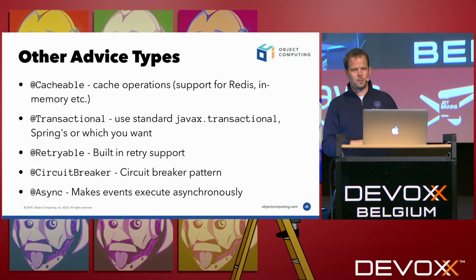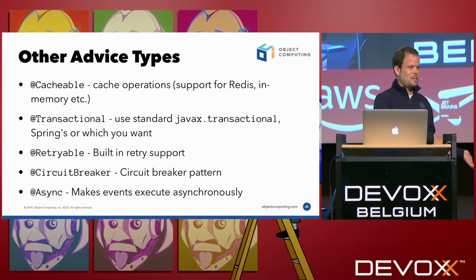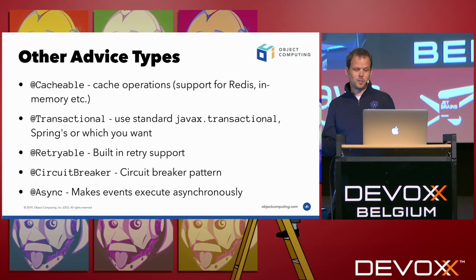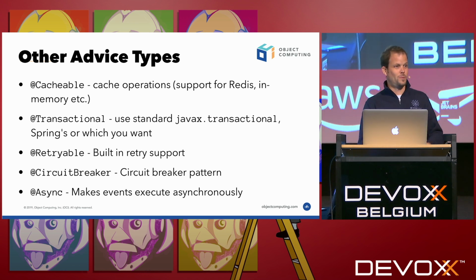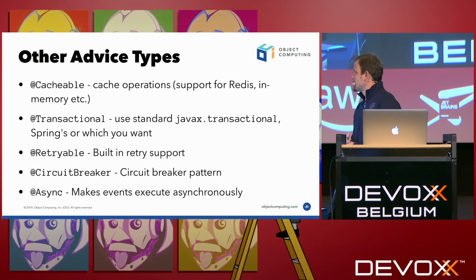If you want to use Spring's @Transactional, we just use annotation mapping to translate that. If you want to use javax.transaction.Transactional, you can use that. We support @Transactional in all of its forms.